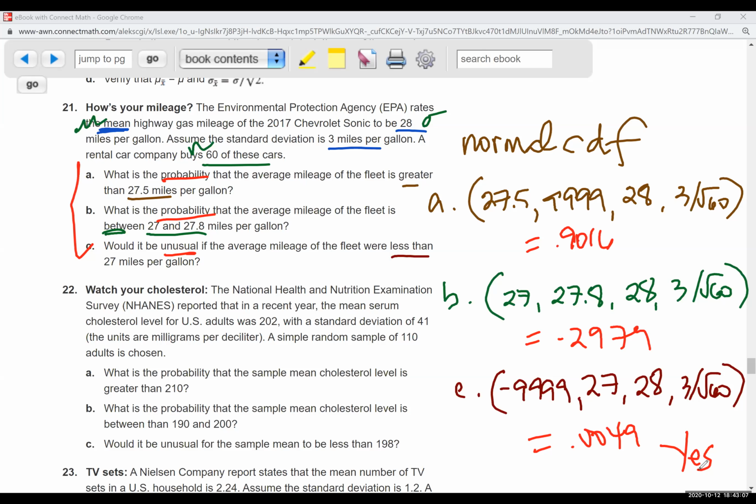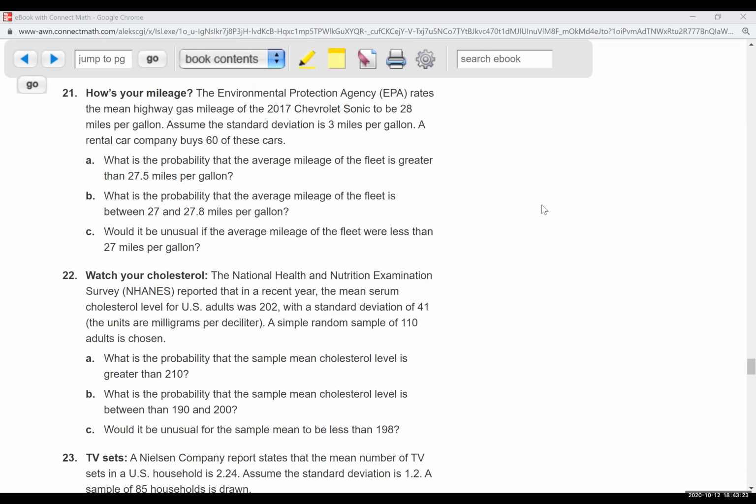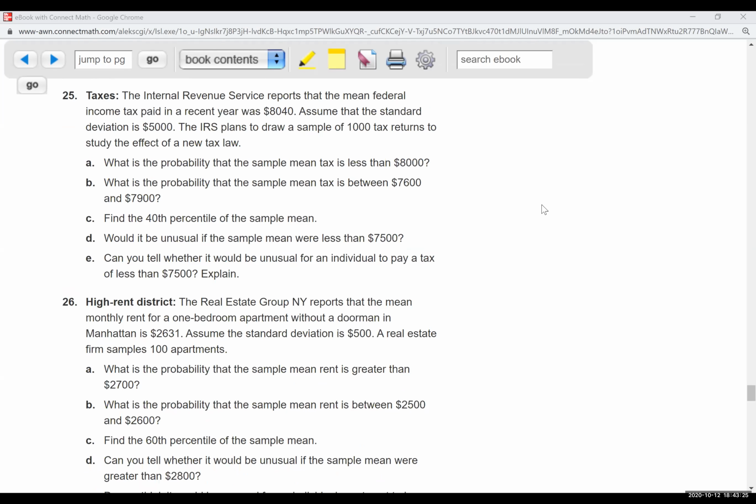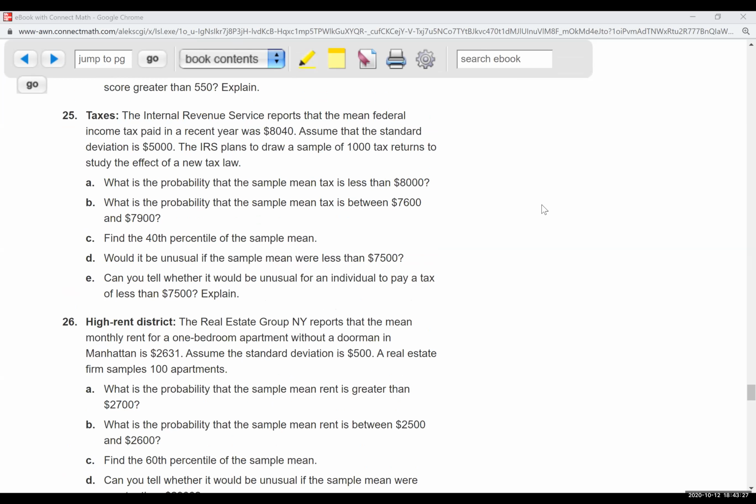Any questions? Well, one more. Taxes. The IRS reports that the mean federal income tax paid in a recent year was $8,040.